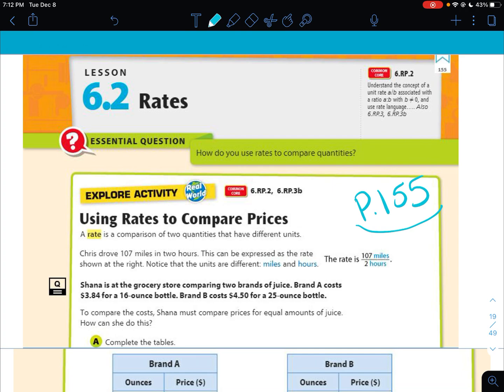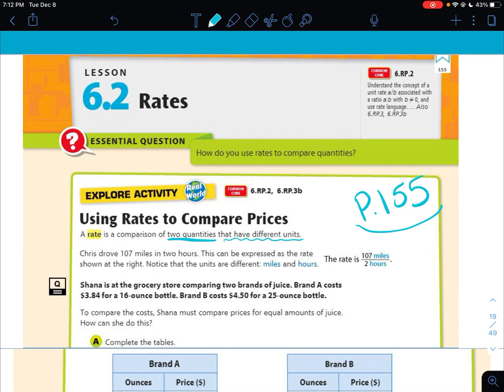Okay, so like I said, a rate is like a ratio. A rate is a comparison of 2 quantities, just like we do with ratios where we are comparing 2 different quantities. And the only thing that's really different is that they have different units. An example they give you is Chris drove 107 miles in 2 hours.